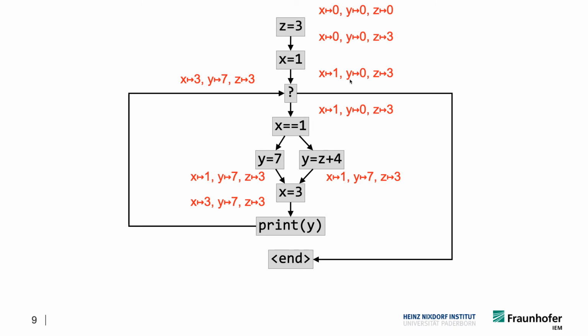And therefore, what one typically does in this case is one simply removes non-constant values. So the environment will shrink, and we will, in the next iteration, for this program point, only retain the mapping z equals 3. Okay?